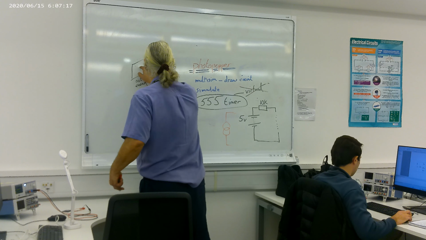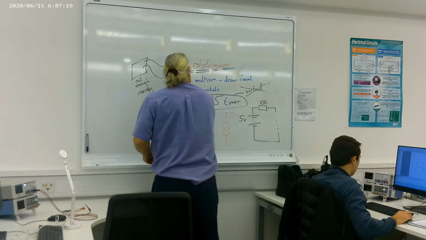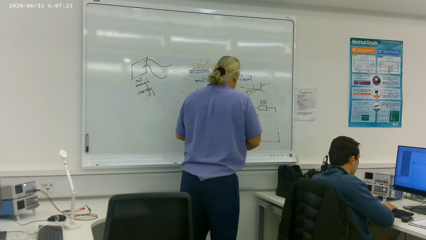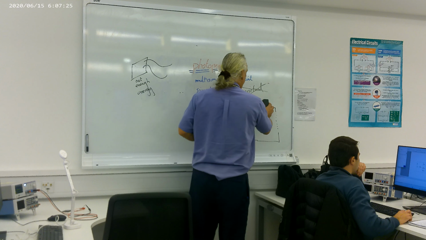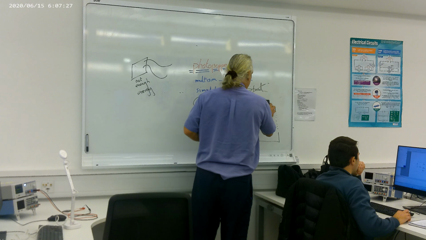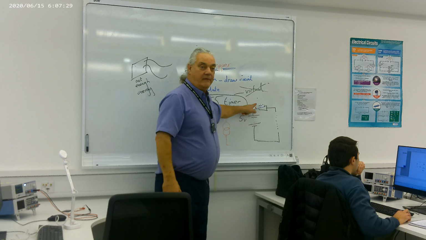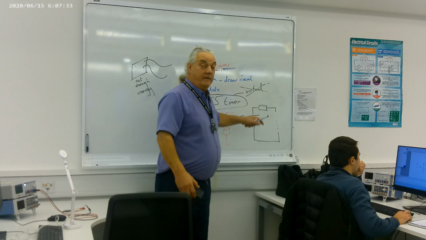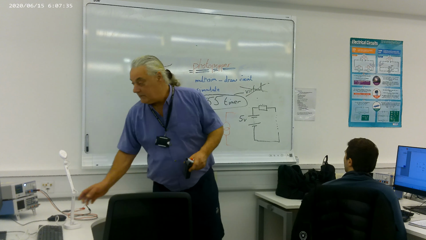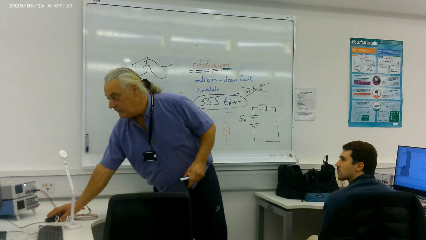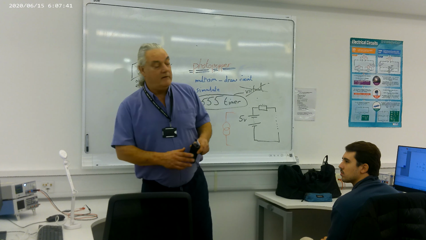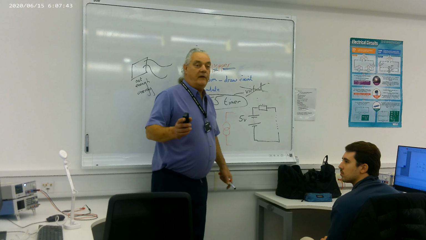So if we want to model a solar panel in Multisim, all we actually do is take a battery and we can put in any value of resistor we want here. If we make this value very small, say 1k, 500 ohms, something like that, the capacitor on here would charge instantly.